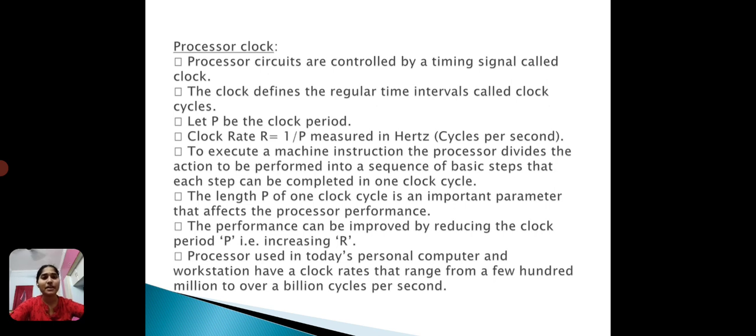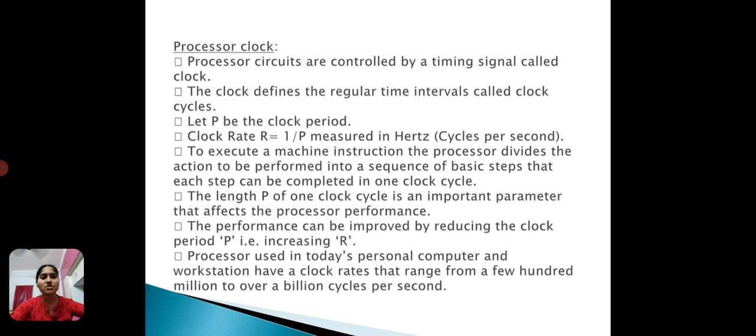So the performance can be improved by reducing the clock period, that is, increasing R, as we mentioned earlier. By reducing the clock period P and increasing R, the clock rate, we can increase the performance. If it is taking less time, then the performance is high. If it's taking more time, then the performance is probably less, right?